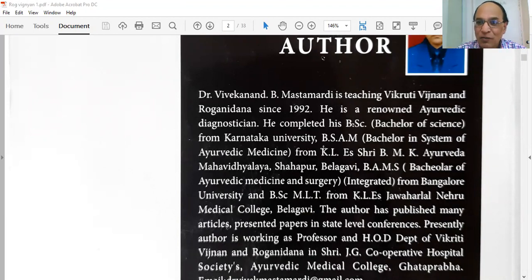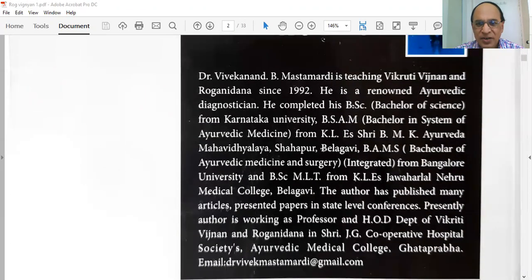But Dr. Vivekananda completed his Bachelor of Science first. So I particularly find that his scientific approach to the concept of Roganidan is superb and fantastic, and more mature than our usual BAMS and MD students, because he is basically a BSc, Bachelor of Science, and then completed BAMS and MD, etc.